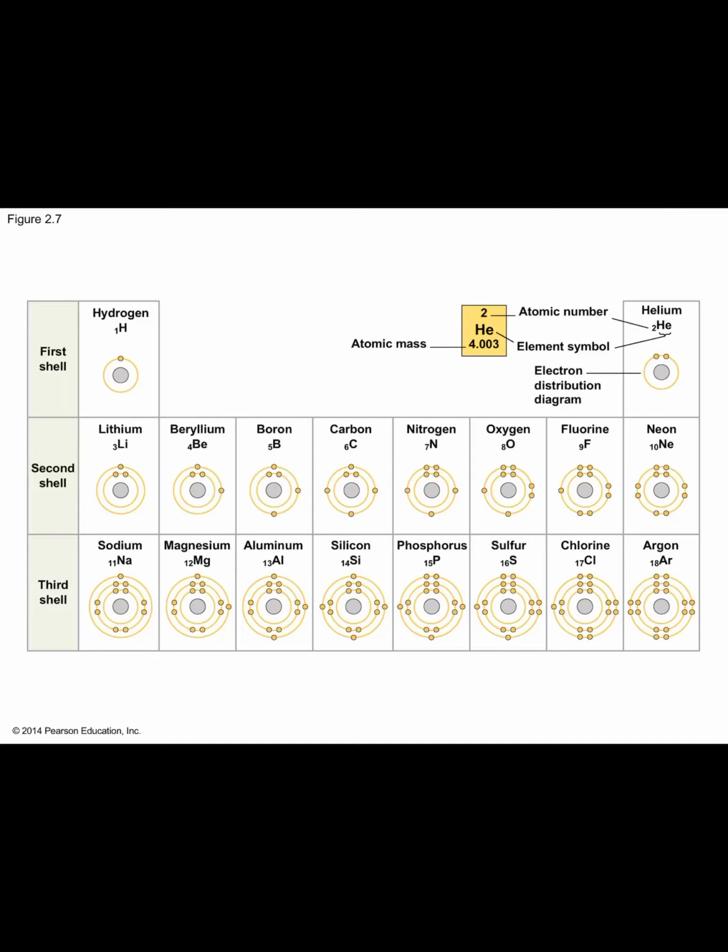The octet rule says that the second, third, and I think even the fourth shells can hold a maximum of 8 electrons. So, lithium's second shell, or its outermost shell, which is also called the valence shell, only has 1 of the 8 electrons it could hold. Remember, the fewer the electrons in the outermost shell, the more reactive the atom is.